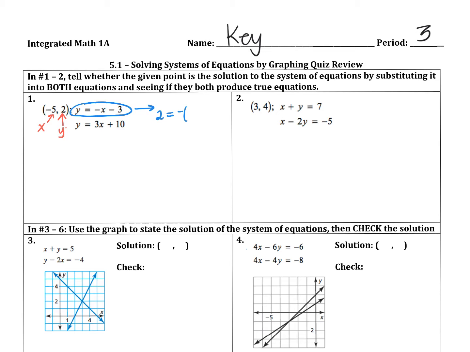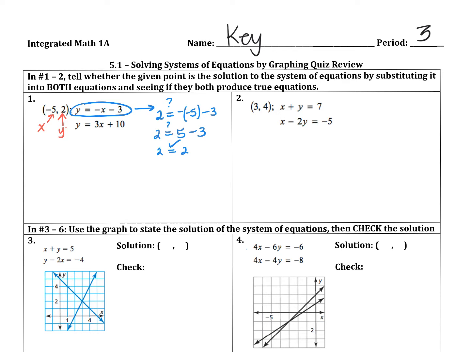So -5 minus 3. Is this true? 2 is equal to, a negative times a negative is a positive, so it's +5 minus 3. And +5 minus 3 is 2, so that made a true statement there.